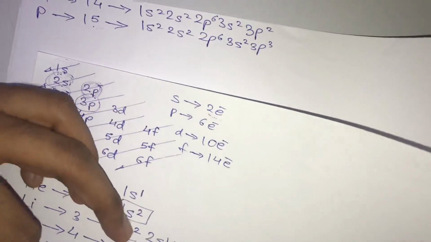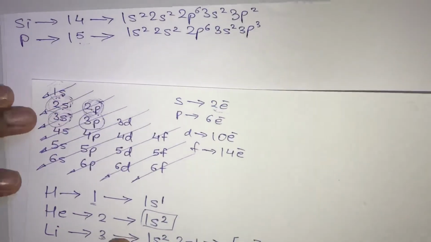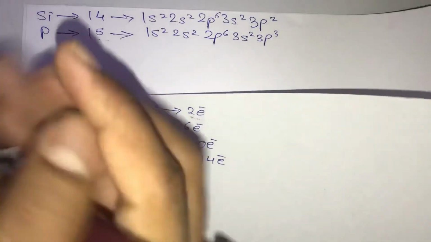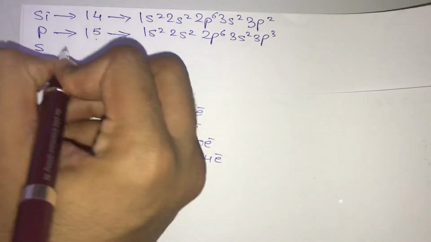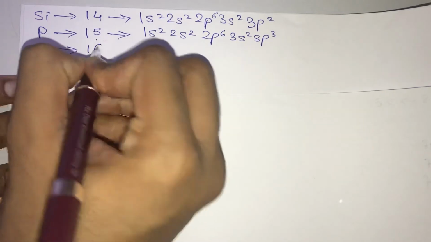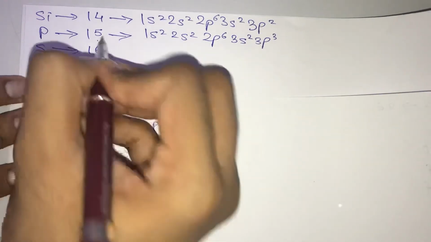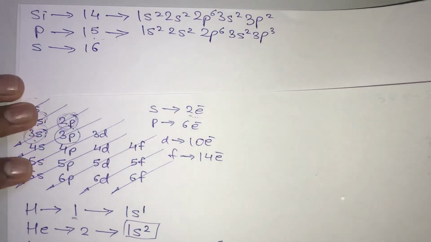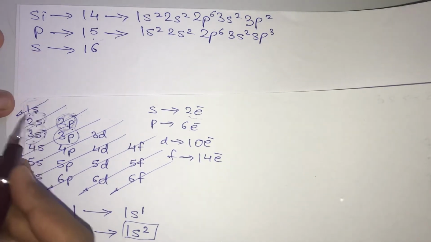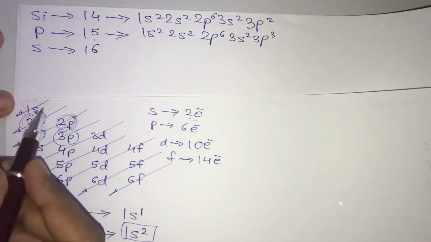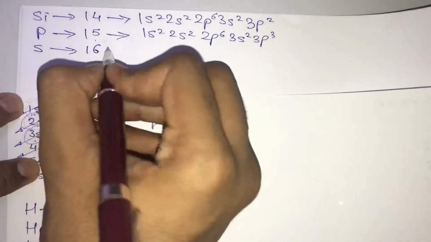Okay, so now next let's continue to our topic. Our break is over. So the next element is sulfur, whose atomic number is 16. Since 16, we are going to first go to the first diagonal where we first meet 1s.